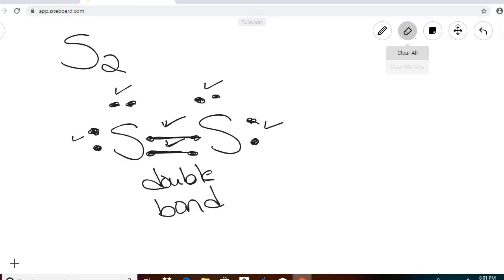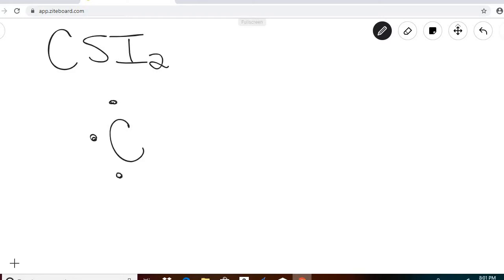Okay, the next one is a carbon, a sulfur, and 2 iodines, ICSI2. Okay, so carbon has 4 valence electrons. So that means it also has 4 unpaired electrons. S is sulfur, and it has 6 valence electrons.